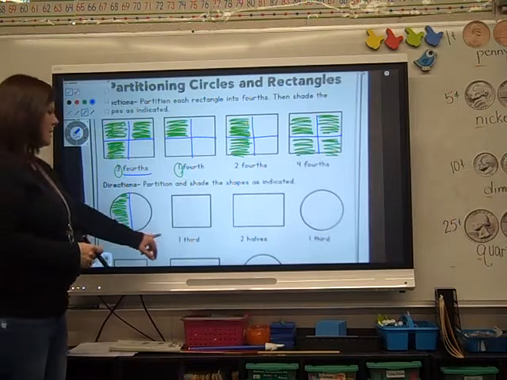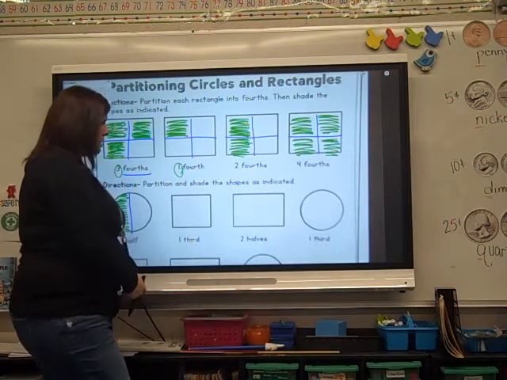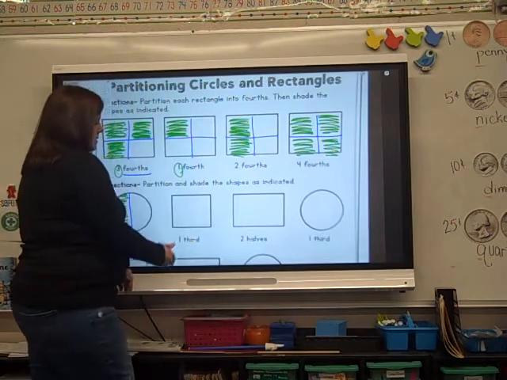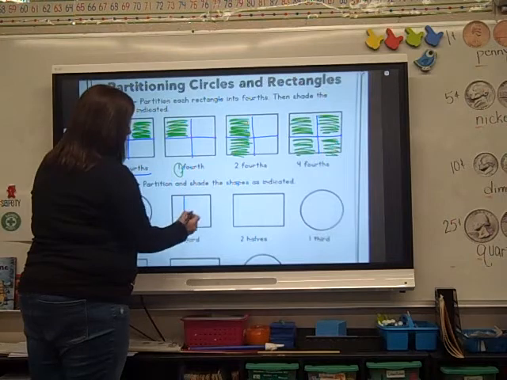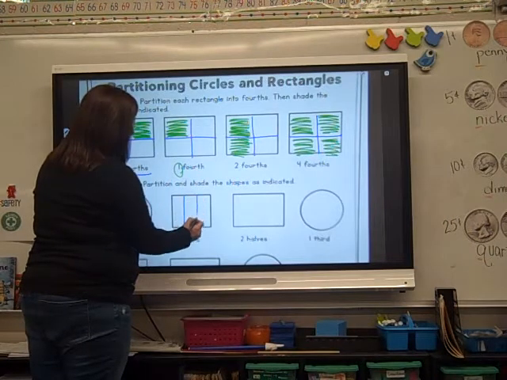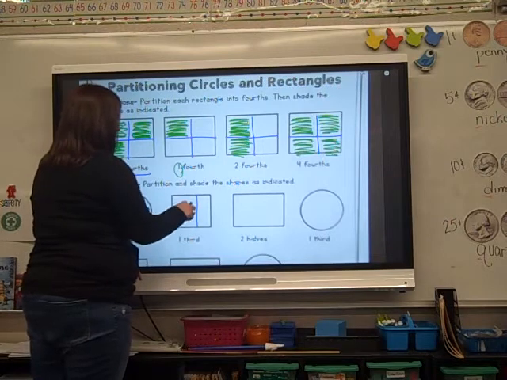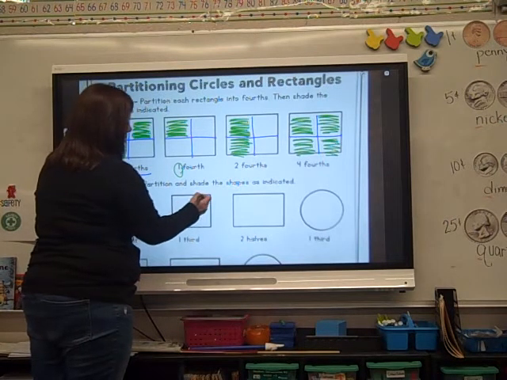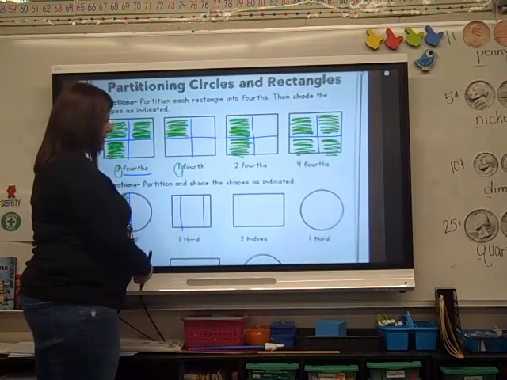Alright. Oh, we've got to cut this into thirds. It's kind of hard to cut things into thirds. Okay? So what you got to do is cut it into 3 equal pieces. Now be careful. Okay? Don't do this. Don't do a little piece and see how that's not thirds, is it?